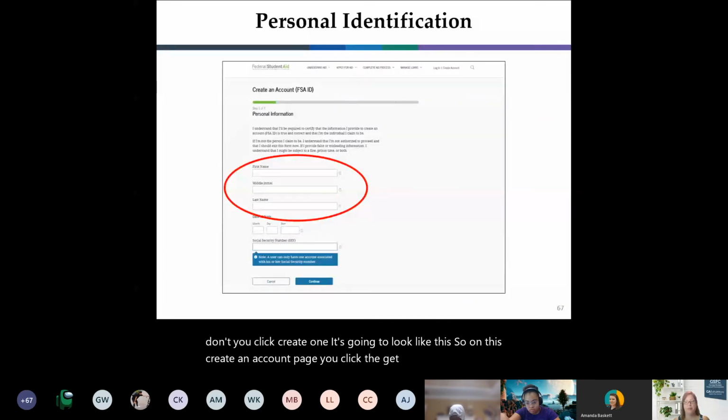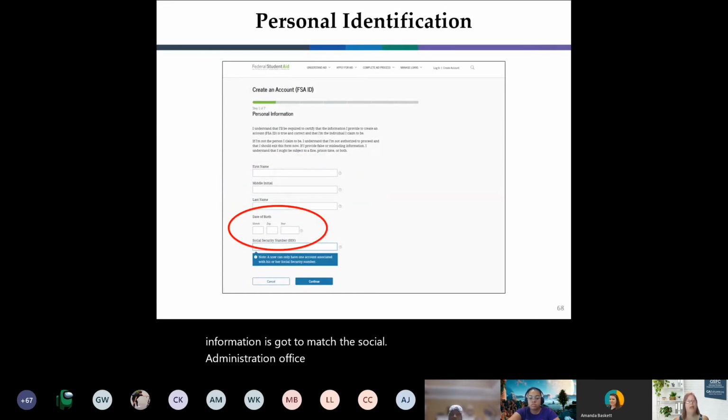You'll enter your first name, middle initial, and last name as it appears on your Social Security card, and that's very important. All of this information has got to match the Social Security Administration. Make sure your date of birth is correct. It's important to do your own FSA ID and for parents to do their own.